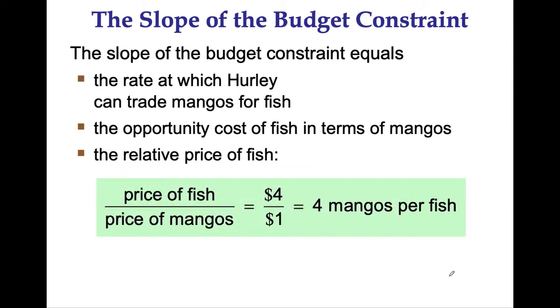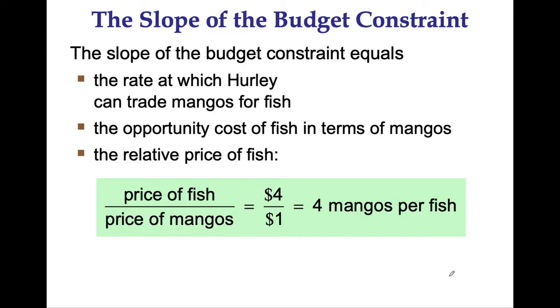And the slope is actually the relative price of fish. So it is the price of fish over the price of mangoes. 4 divided by 1 gives us 4 mangoes per fish. So the relative price of fish is 4 mangoes. One fish is priced at 4 mangoes. The price of fish in terms of mangoes is 4.